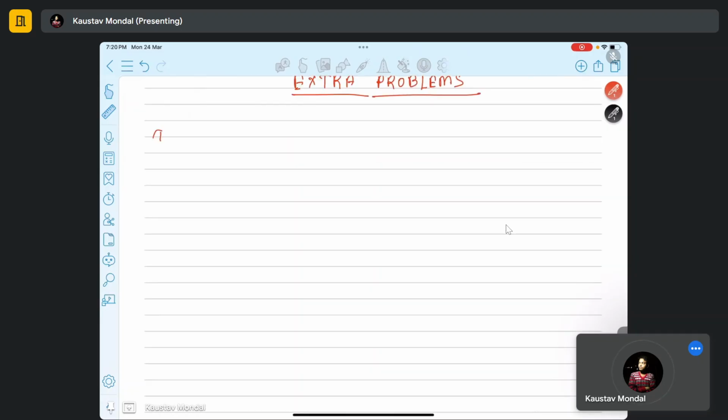Problem number 1 is: the Fermi energy of a metal at T equal to 300 Kelvin is 5.0 electron volt.